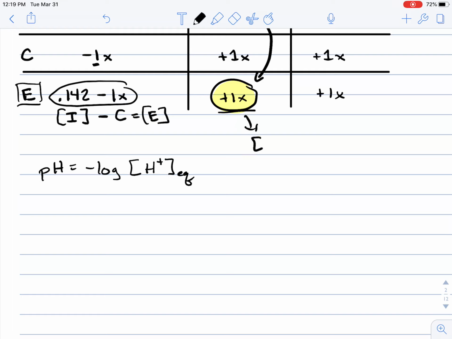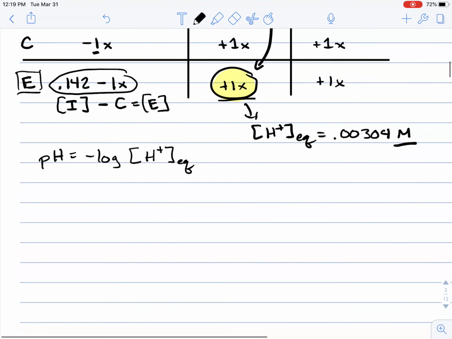And so the concentration of this hydrogen ion at equilibrium is going to be equal to 0.00304. And since now we're talking about concentration, we're going to tack on the unit molarity. So please don't forget that. Awesome.